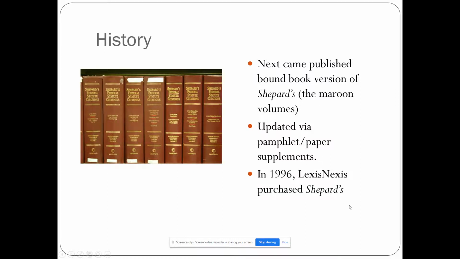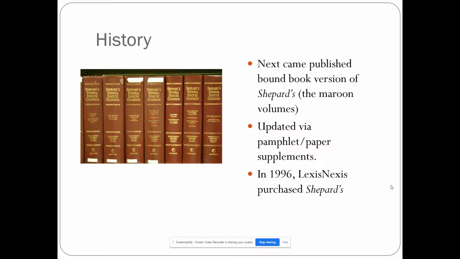And then in 1996, which was actually when I was working for Lexis, they purchased Shepard's. So Shepard's had always been available on both Lexis and Westlaw. And it was just a list of all the cases that had cited it. It was almost like a PDF looking version of what Shepard's was in the book. So you would have the case that it cited and the treatment code.